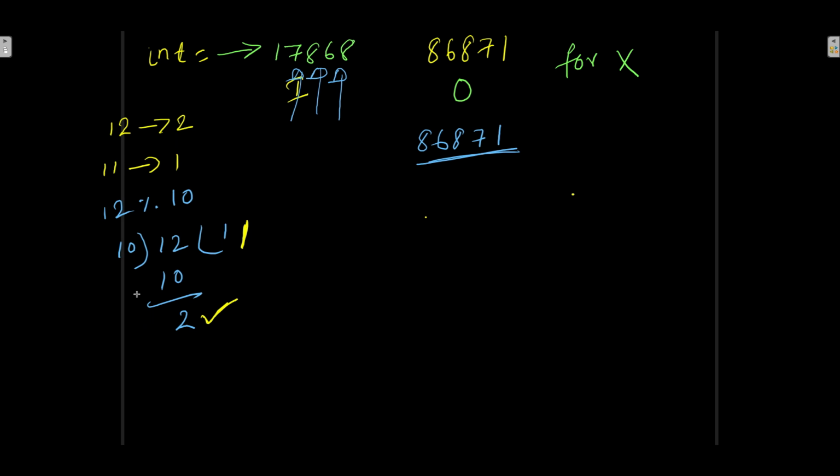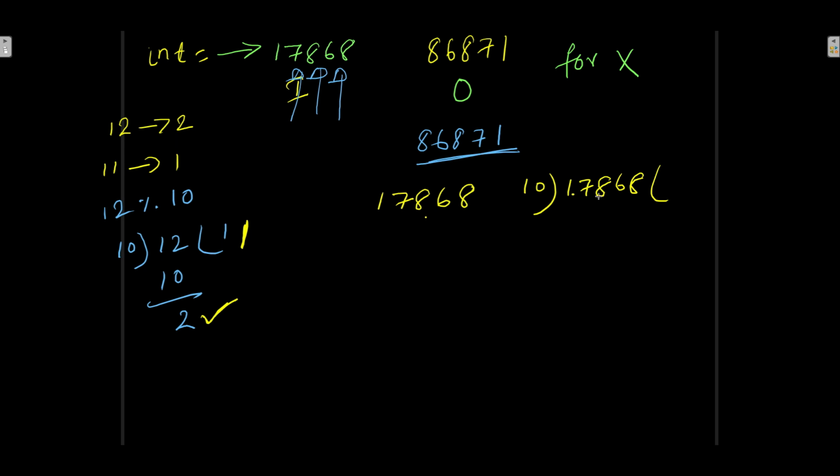Now go and think in this program. Your input is 1, 7, 8, 6 and 8. If I divide by 10, so let's divide that. 1, 7, 8, 6, 8. If I divide, how will I divide?